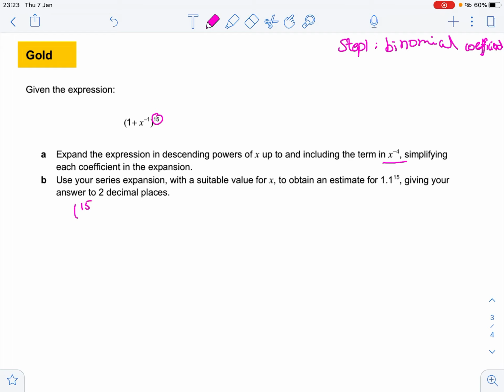So it's to the power of 15, so it'll be 15C0, 15C1, 15C2, 15C3, 15C4.